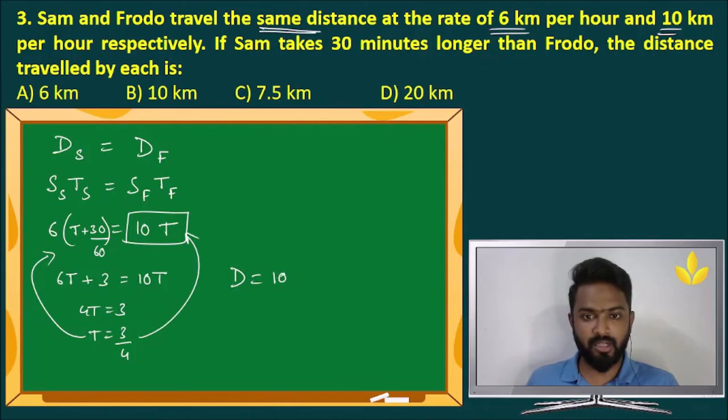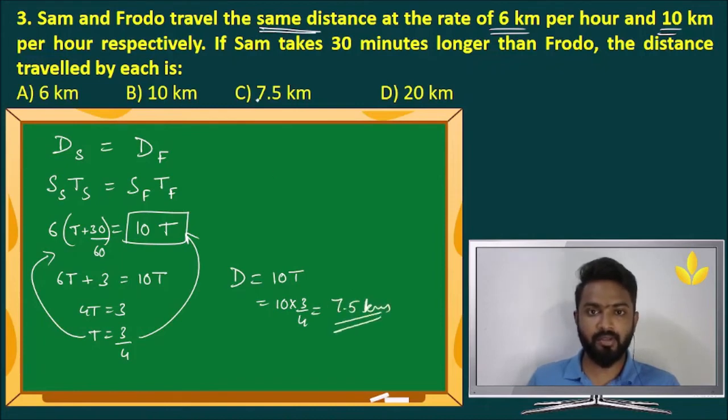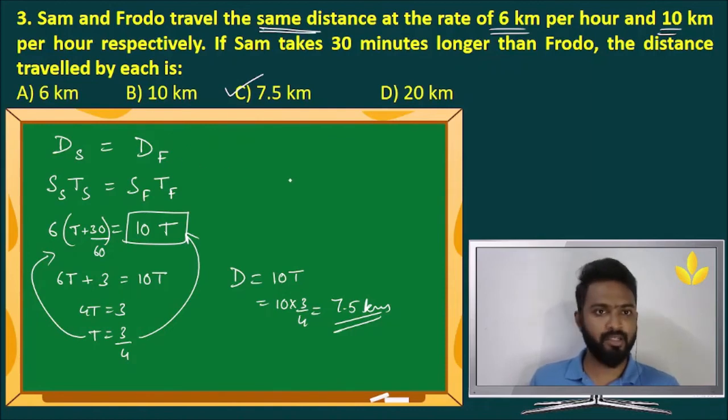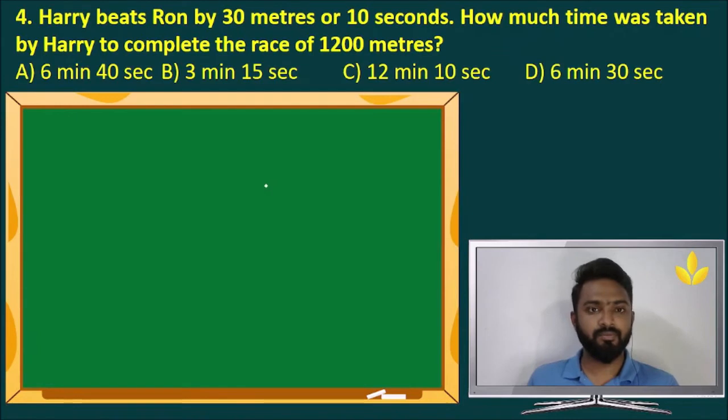So d equals 10t, that is nothing but 10 into 3 by 4, that is equal to 7.5 kilometers. Answer is C. That's it. Again, because they were traveling the same distance, that is why it was easier to make the equation. Let's move on.